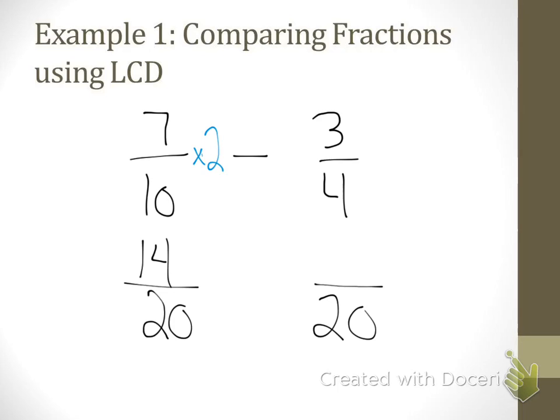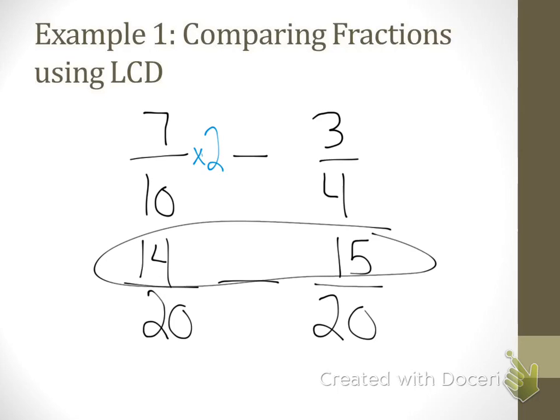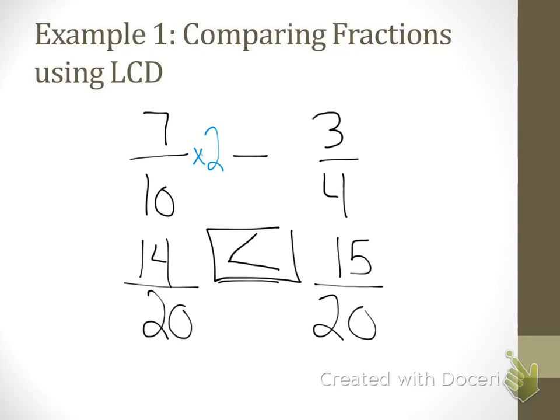All right, same thing over here. 4 times what gave me 20? 5. So 3 times 5 is 15. And now I can compare them. So now I can look at my numerators and see what sign belongs in my blank. A less than sign. Less than is my answer.